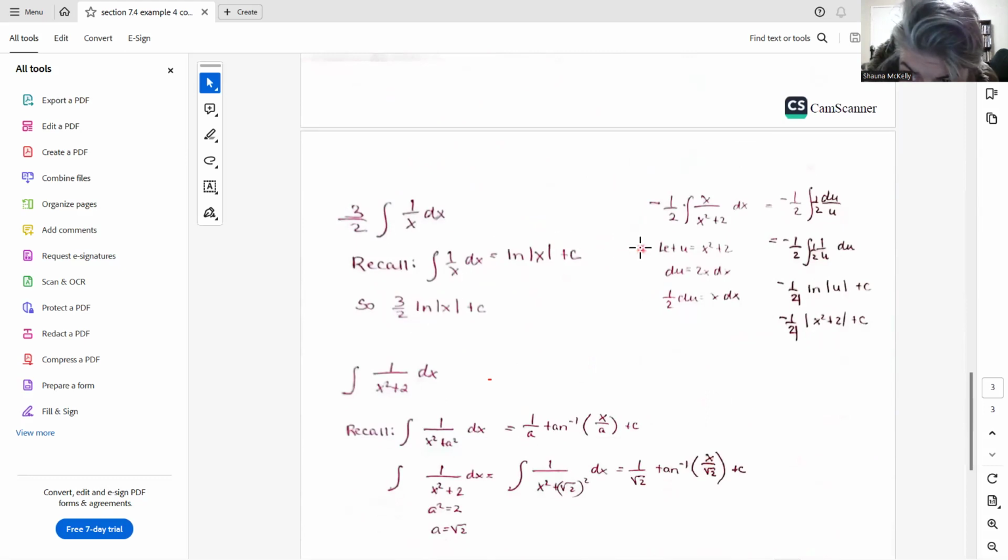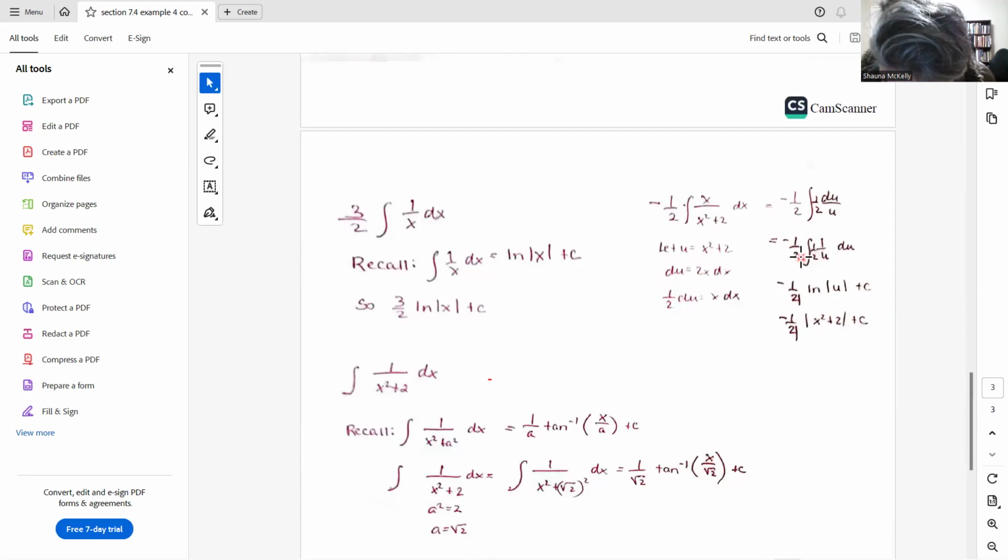Here I showed you the u sub in more detail. So I pulled out the -1/2 because it was already there. And then I have to make a u substitution. I get another 1/2 from my x dx here. So this becomes -1/2. I put the 1/2 in, and I get -1/4 because I already had a -1/2 before that.